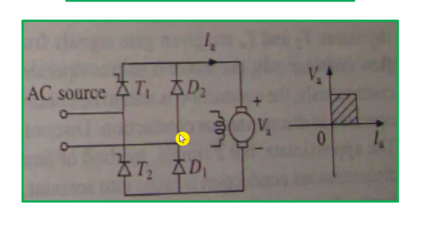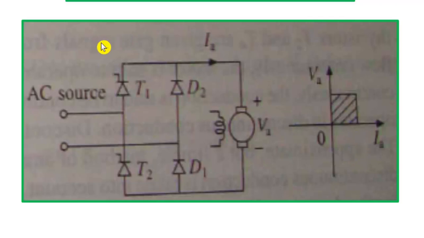That means these two diodes get forward bias and the stored energy across this inductor is released through these two diodes. And when these two diodes are on, at that time voltage becomes 0. It becomes a short circuit of the motor. So the voltage is 0. That's why in this case current is positive still, but voltage is 0. So in no case you will get negative output voltage. So negative output voltage or the fourth quadrant operation is not possible using this kind of converter.